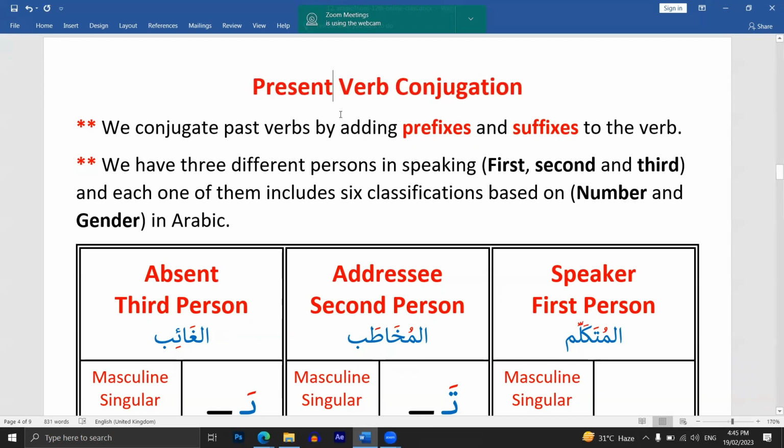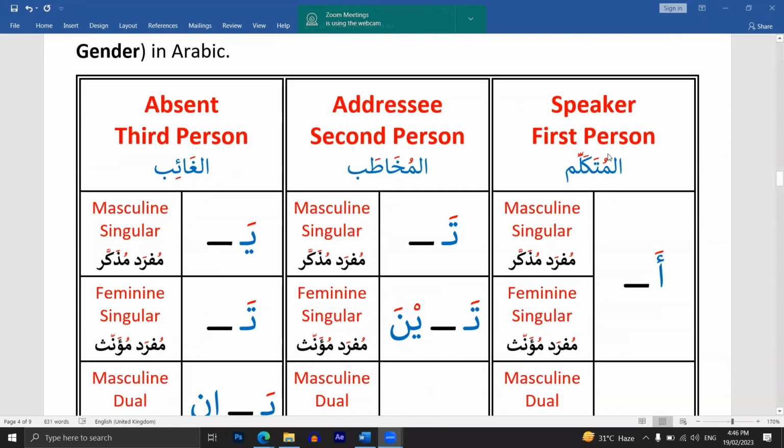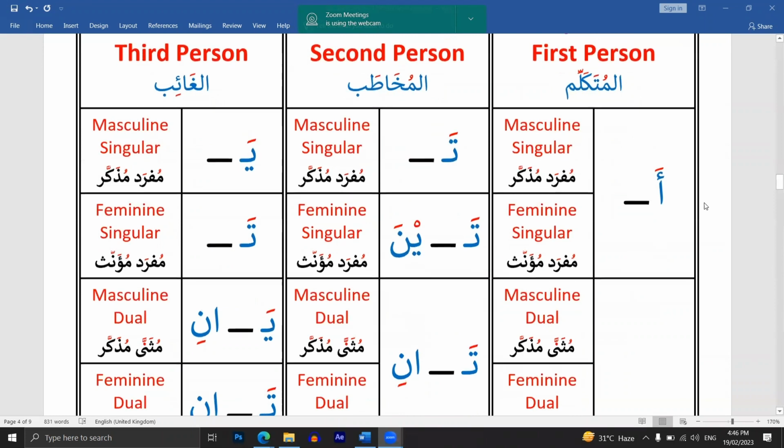First, the present verb has both prefixes and suffixes, unlike the past verb. In the previous lesson, we talked about past verb conjugation, and they all go around suffixes. We add suffixes at the end of the verb. But here we have both prefixes and suffixes. This is the table that we used for the three persons, first, second, and third.